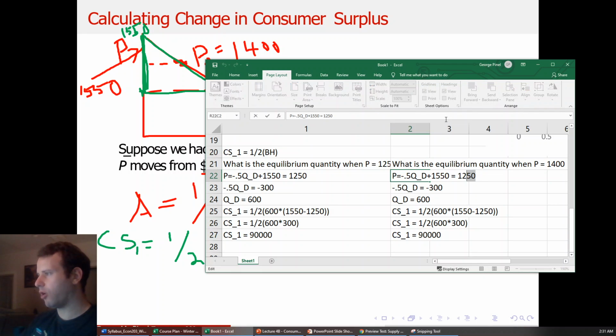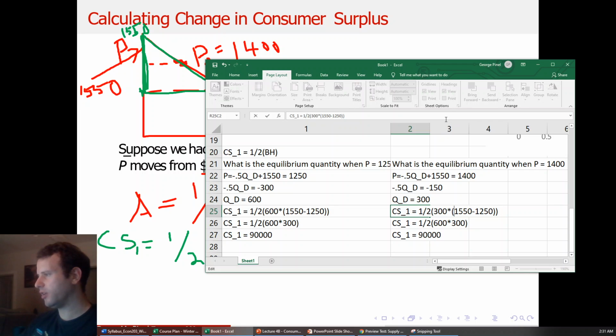We can do all the same exact steps. Subtract 1550 from both sides, so I get negative 150, 1400 minus 1550. Divide both sides by negative 0.5, so I'm going to get 300. So 300 is the new base.